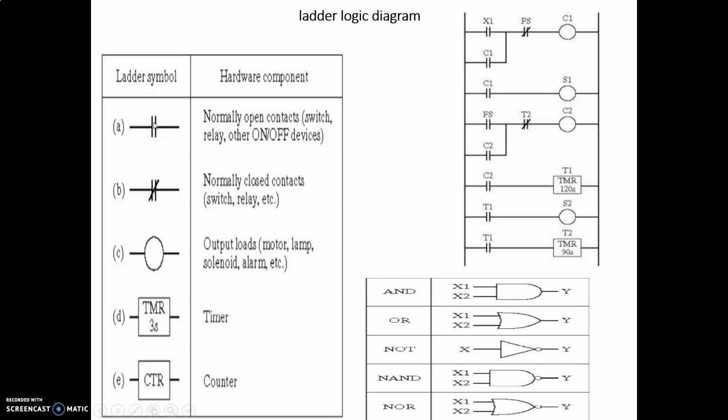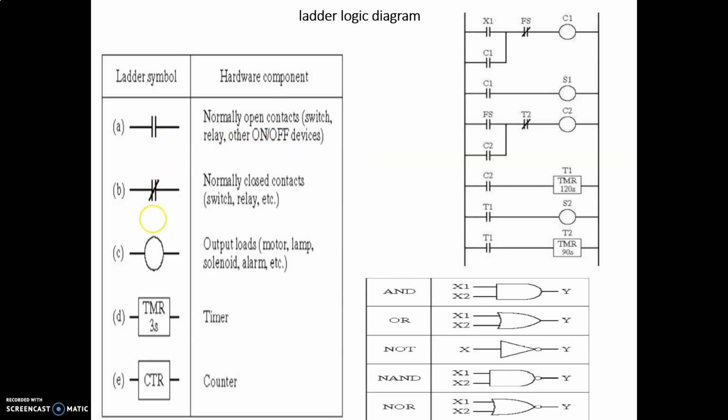It means there is no connection between these two lines. So this is called a normally open circuit or a normally open contact. It can be a switch, it can be a relay, or it can be an on-off device. So this is called a normally open contact.